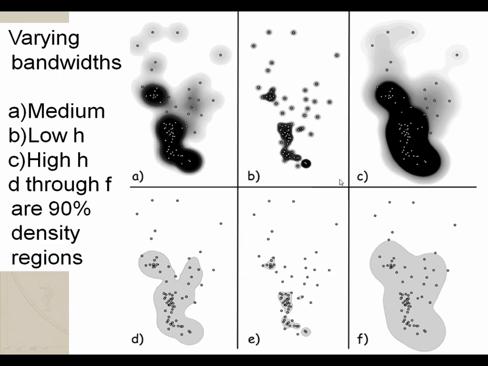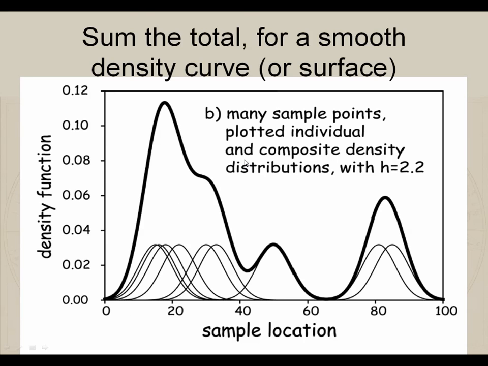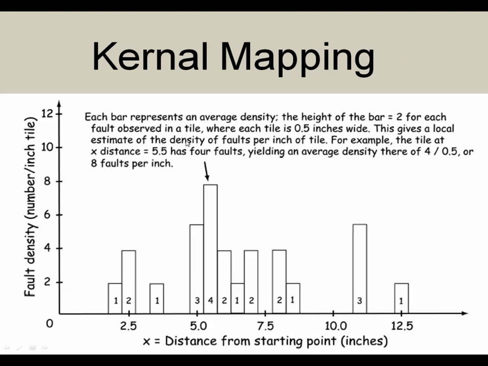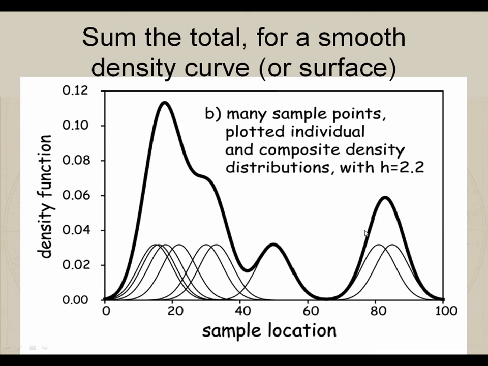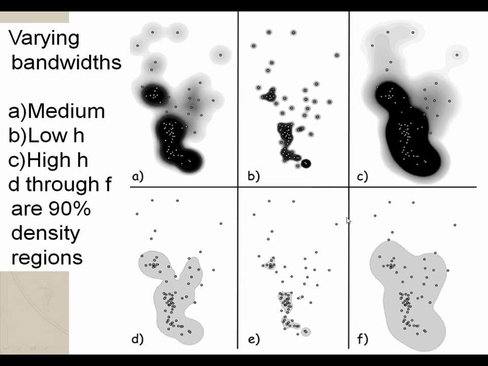So there's pluses and minuses, but the idea is that it's using a kernel mapping, and the key is a density function based on some sort of established bandwidth. And so you create the density function, aggregate the density functions, and create your surface.